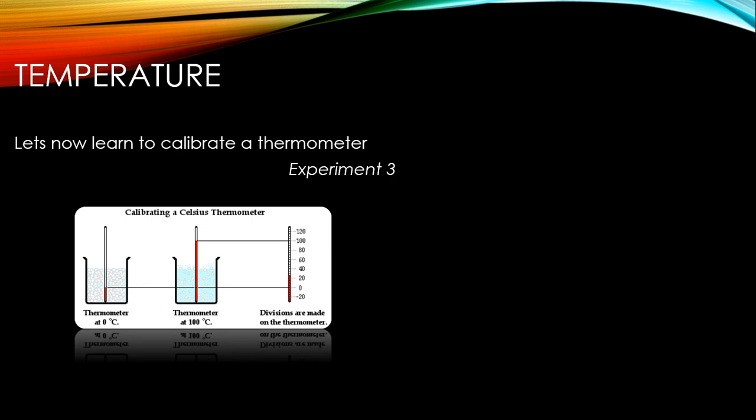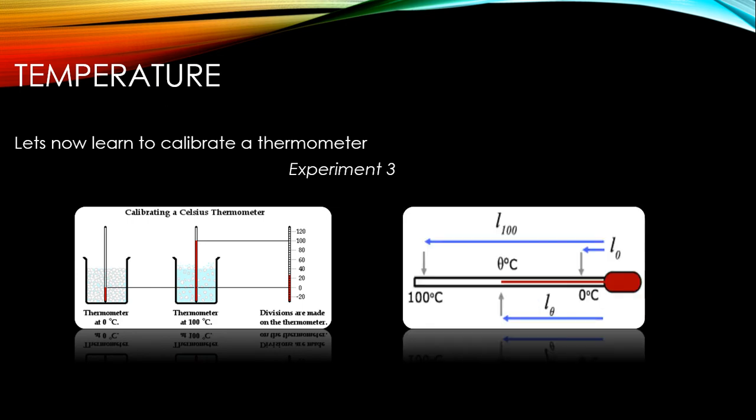Observation: the boiling point of water is 100 degrees Celsius, which is marked as the upper fixed point. The melting point of ice is 0 degrees Celsius, which is marked as the lower fixed point. Between these two temperatures, the space is divided equally into 100 divisions, representing degrees Celsius.